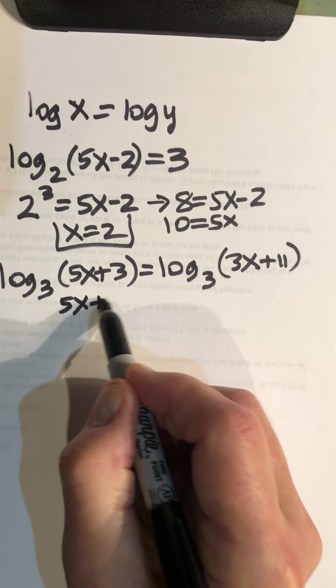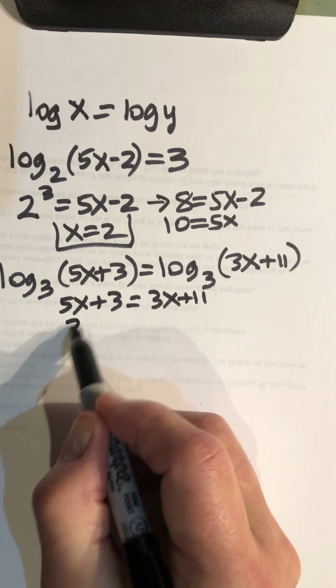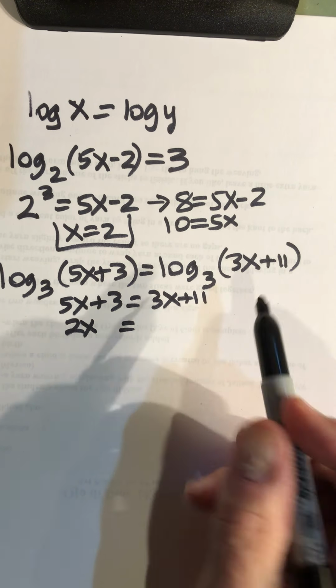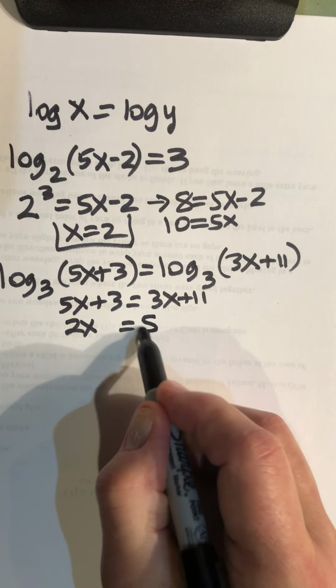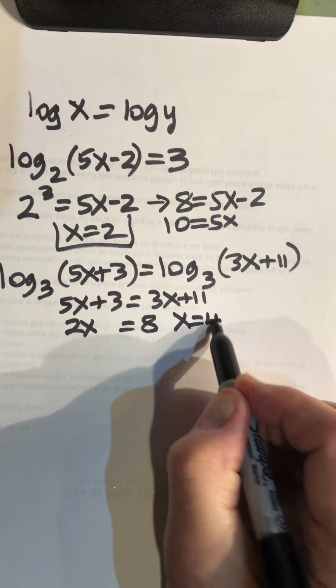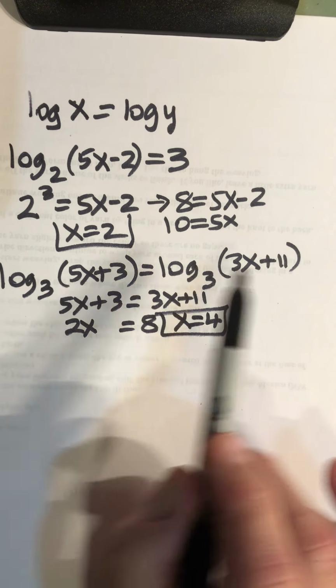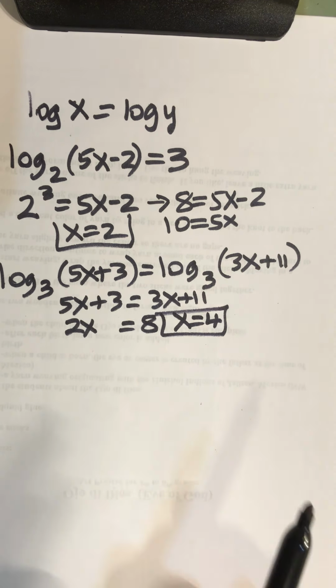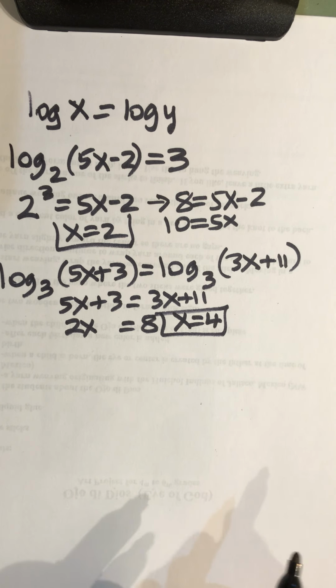So 5x plus 3 equals 3x plus 11. Easy cheesy. 2x equals what? 3 away from 11 would be 8. So x equals 4. Now, guys, I do need to check. Would that make either argument negative? No, no. They're both good, so we're fine. Had it made it negative, there would be no solution because you cannot have a negative argument.